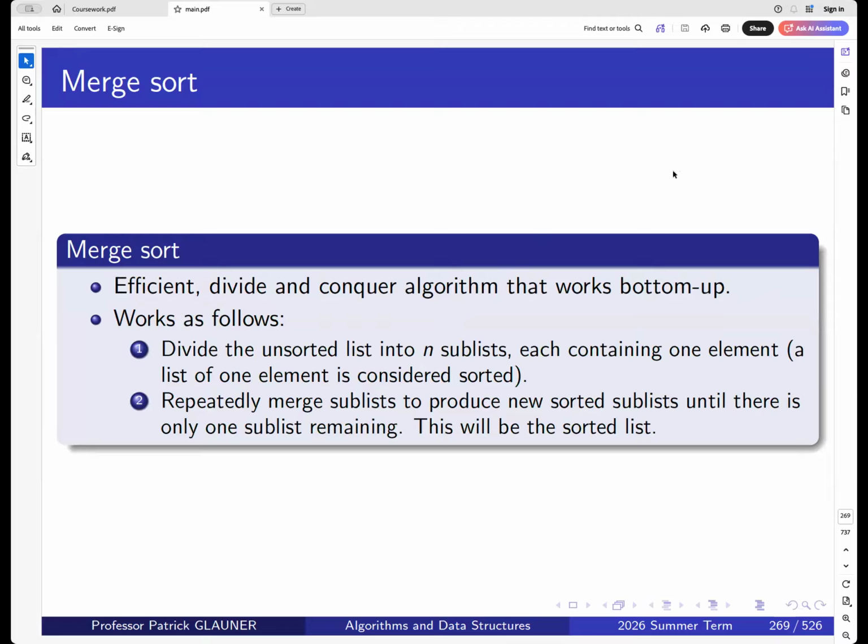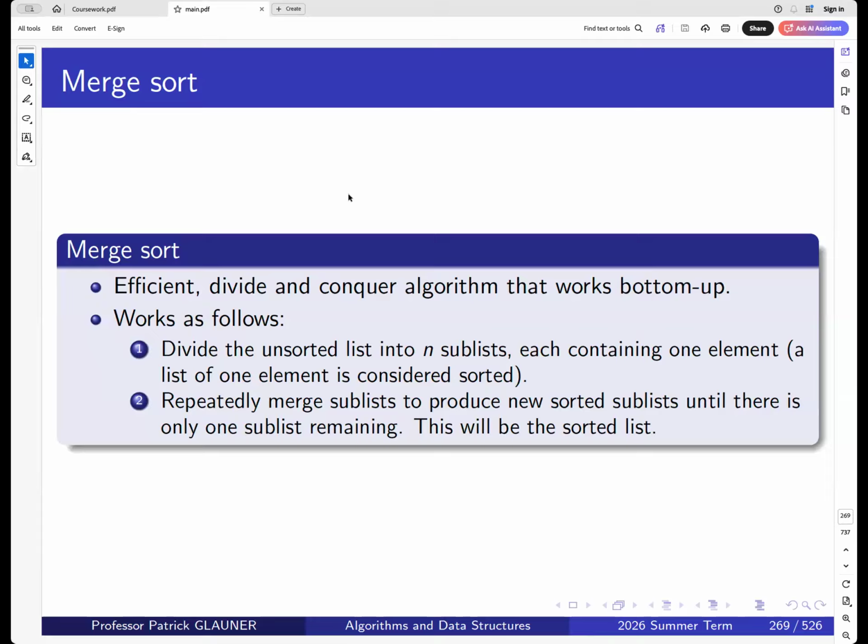You remember the concept of bottom up and top down that we introduced at the end of the recursion chapter and in dynamic programming. So we reuse this terminology for sorting. Merge sort works bottom up. It's an efficient divide and conquer algorithm. Later we will see quicksort, which is a top-down algorithm that is efficient and does divide and conquer. It's a totally different approach, and we'll compare them.